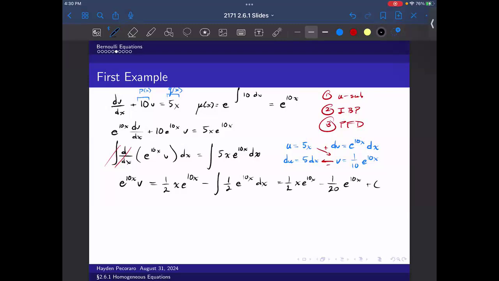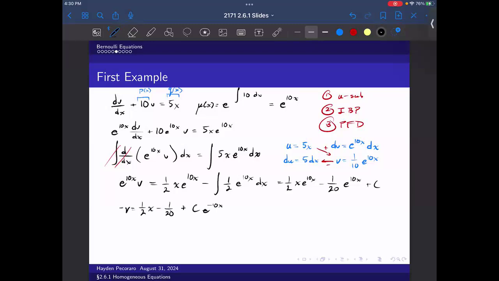The last thing is we want to solve for y. So now we've essentially got an equation that defines v in terms of x. v equals 1/2 x minus 1/20 plus c e to the minus 10x, because the e to the 10x cancel except for the c part.